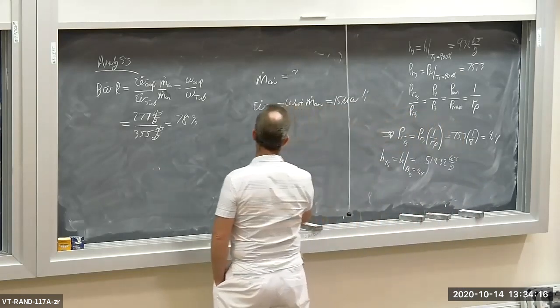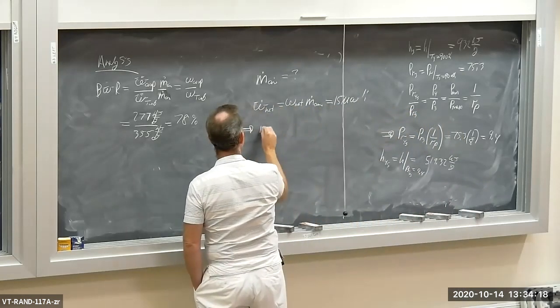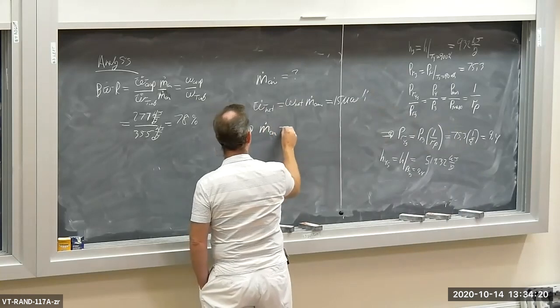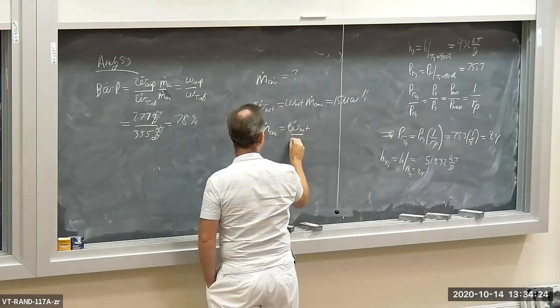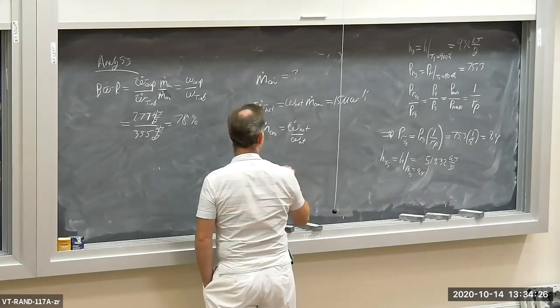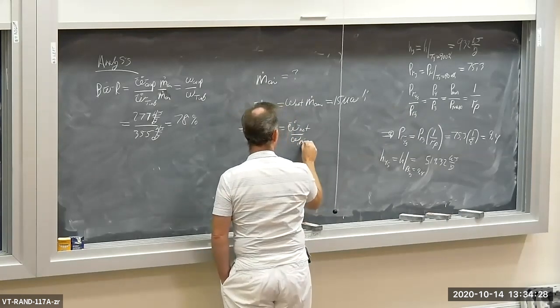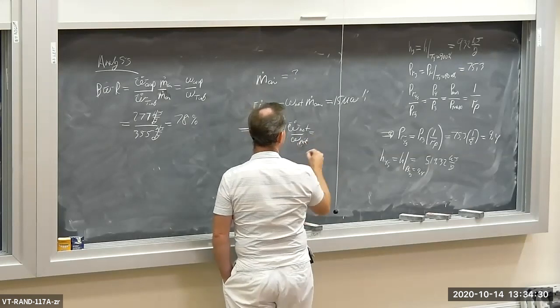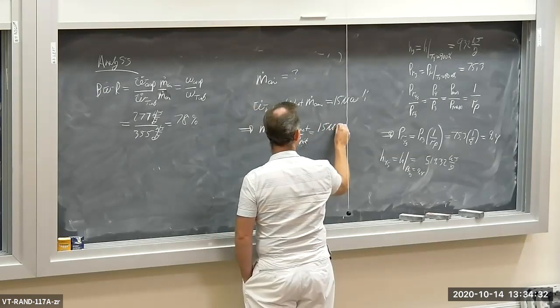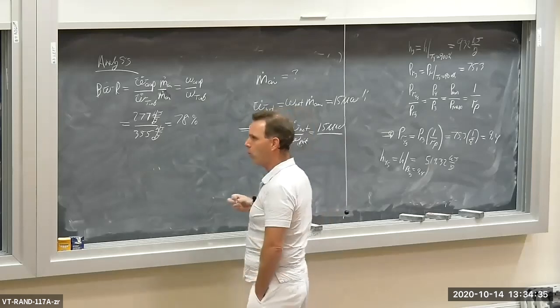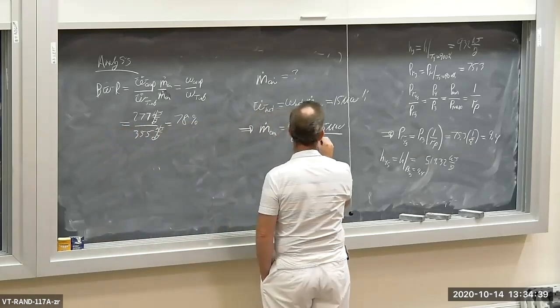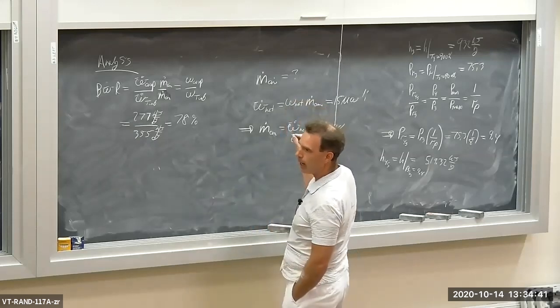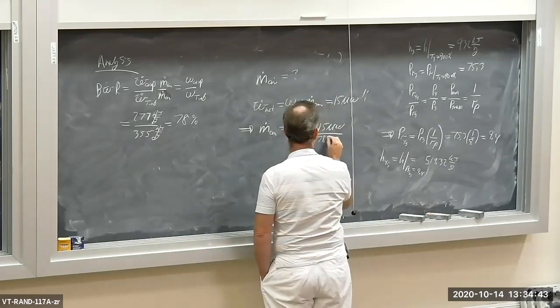Let's solve for m dot air. M dot air is equal to W dot net divided by the specific net work. So we have 15 megawatts. The net work was 75 kilojoules per kilogram. No, I'm sorry, 78 kilojoules per kilogram.